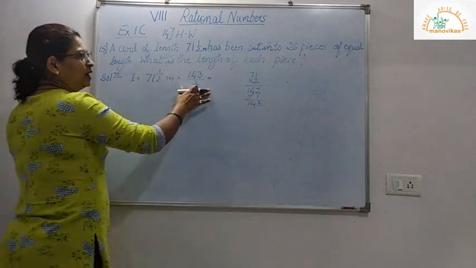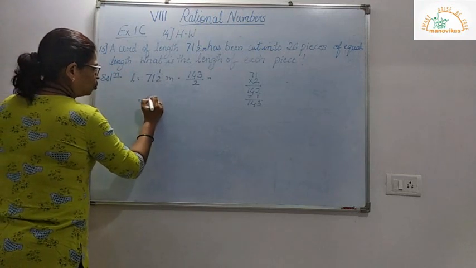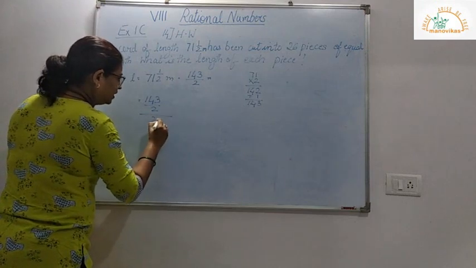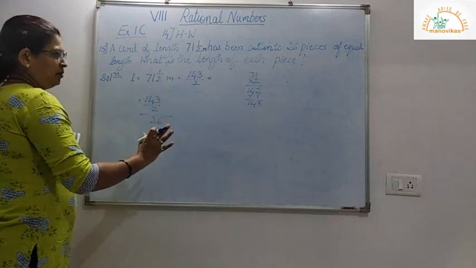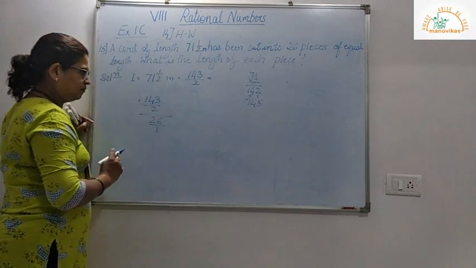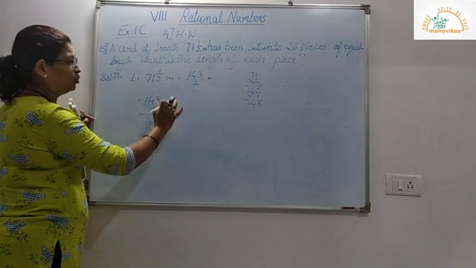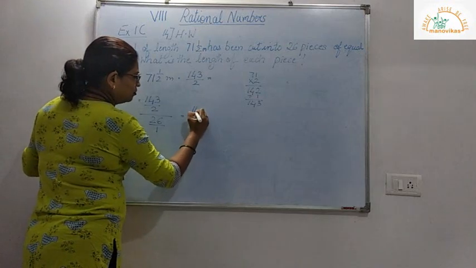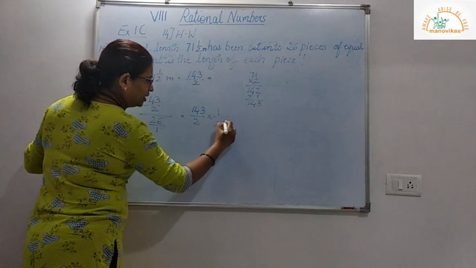Now this has to be cut into 26 equal pieces. So I get 143 upon 2 divided by 26, because we are dividing this given length into 26 pieces. Now this means that it is 26 divided by 1. So now let us take the number in the denominator to the numerator. When you take it to the numerator, it becomes the reciprocal. So I get here 143 divided by 2 into 1 upon 26.